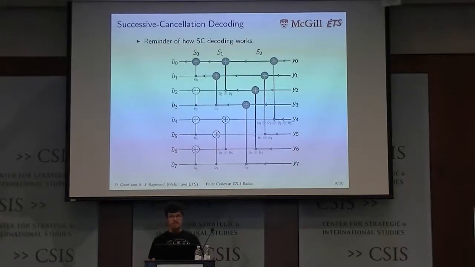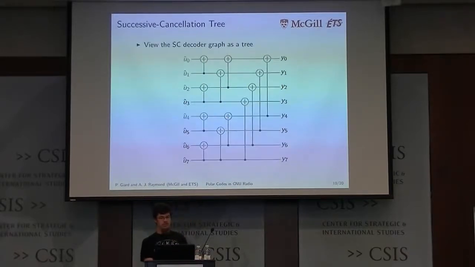First we do this computation, the arrows in blue, and we estimate u0. Using the information of u0, we estimate u1. Then once we have u0 and u1, we estimate u2, and so forth, until we have estimated the complete codeword. So that's how successive cancellation decoding works.